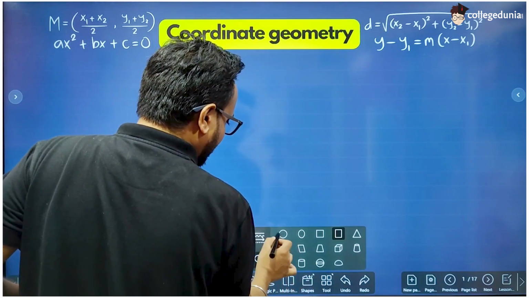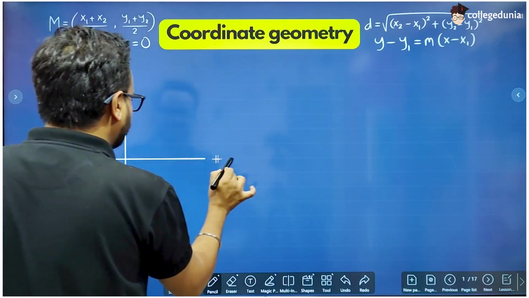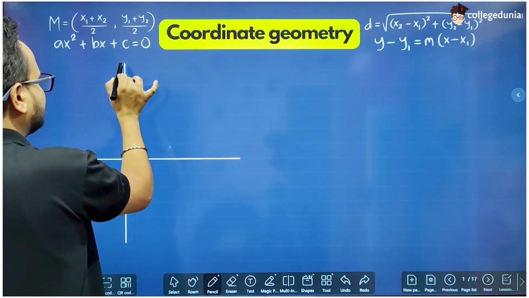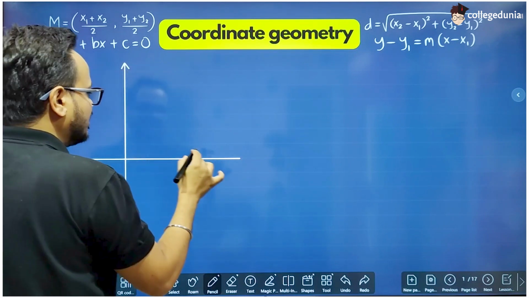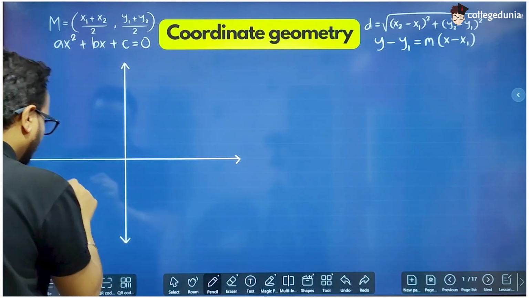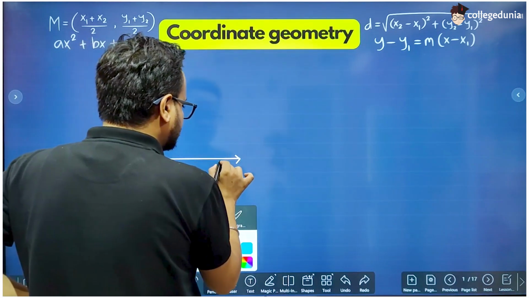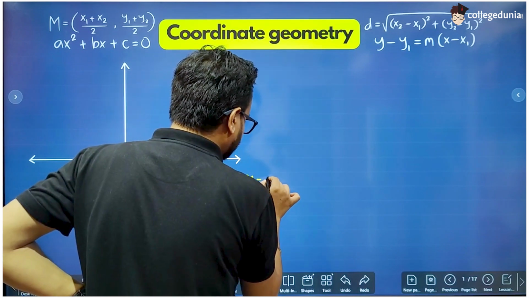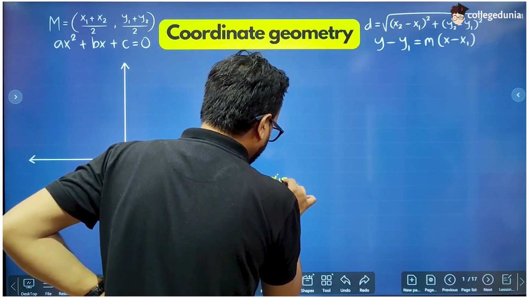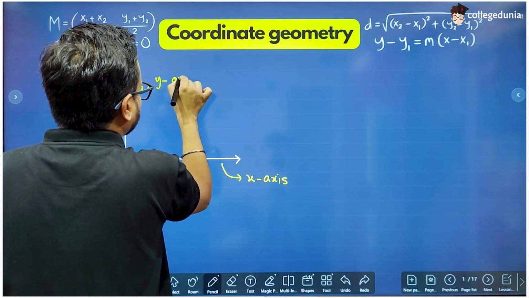We have two straight lines which are perpendicular to each other, which divide this plane or any plane into four parts. Out of these two lines, the horizontal one is called the x-axis and the vertical line is called y-axis.